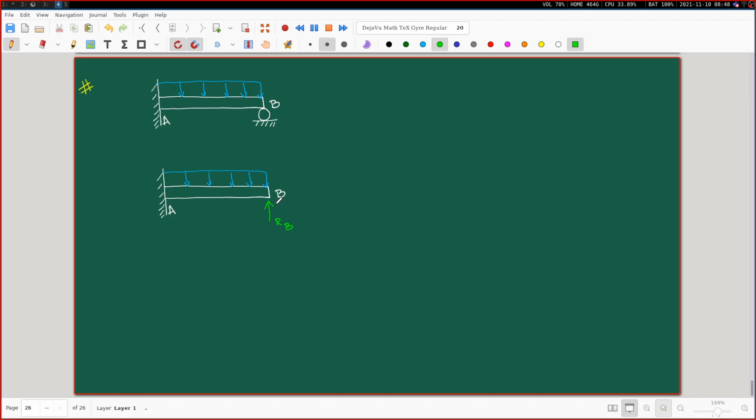So overall the situation is like this. When we are starting out this problem, although we have written it in terms of a variable like RB, the truth of the matter is that RB is not known. So even if you manage to find out the deflection at this end B, it is not going to be a value. It is going to be a variable in terms of this RB.